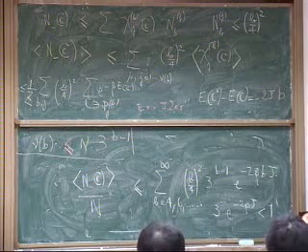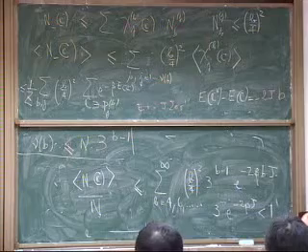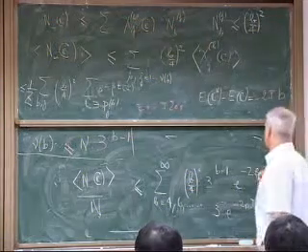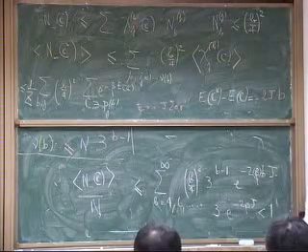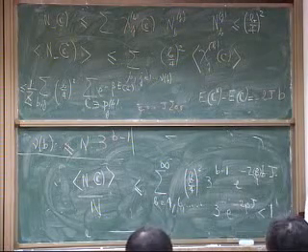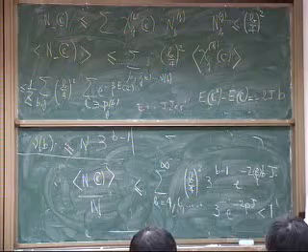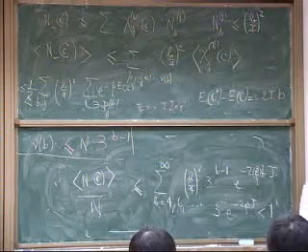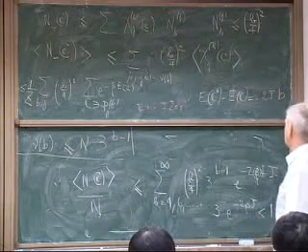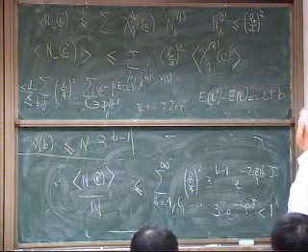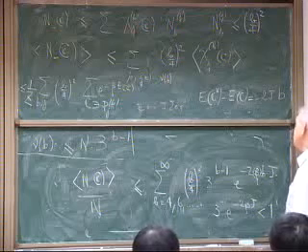So the right-hand side is a function of beta, the temperature. When the temperature is large, beta is small, this inequality is not valid. 3 is not smaller than 1, beta is 0.